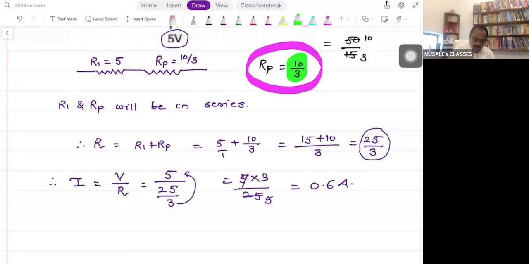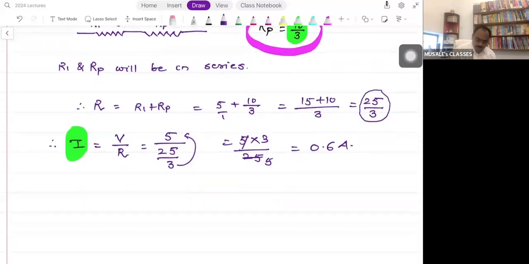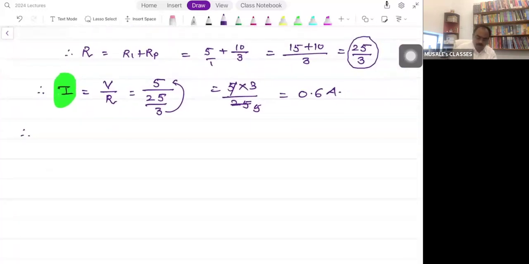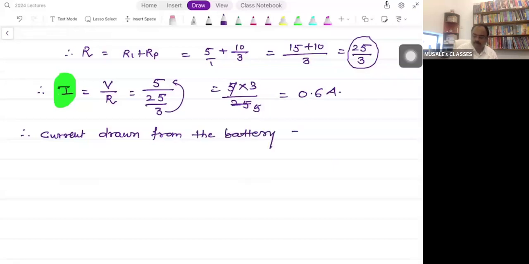I is the current given by the battery or current drawn from the battery. So therefore, current drawn from the battery is 0.6 ampere.